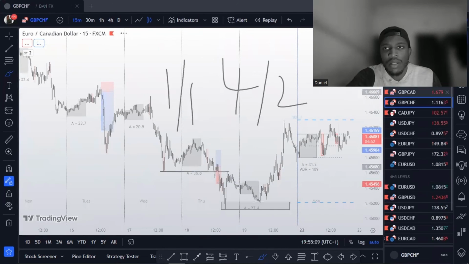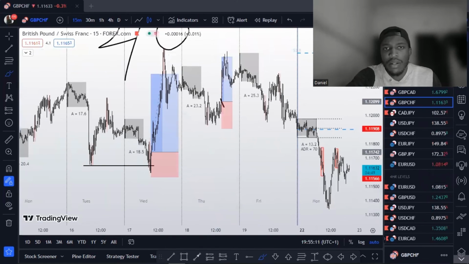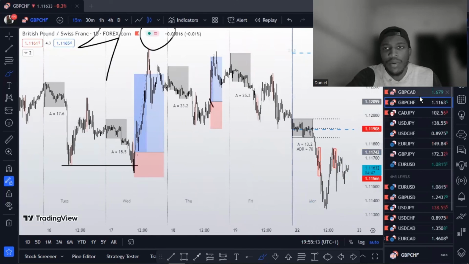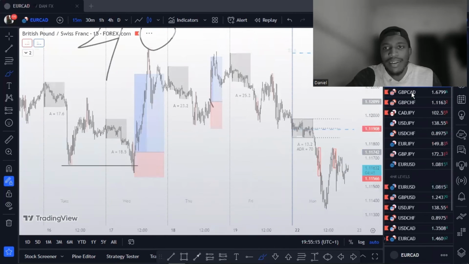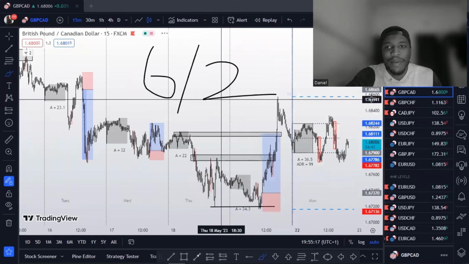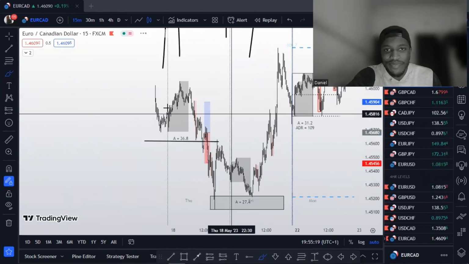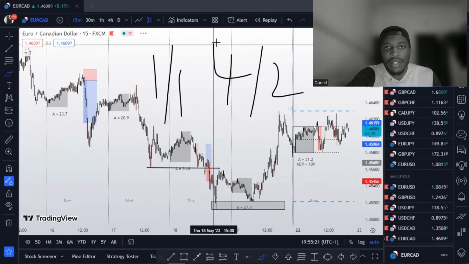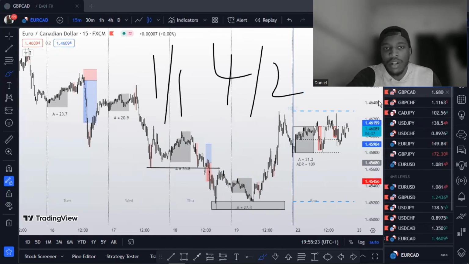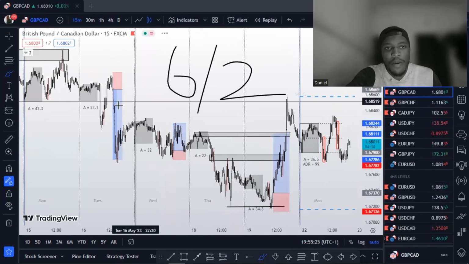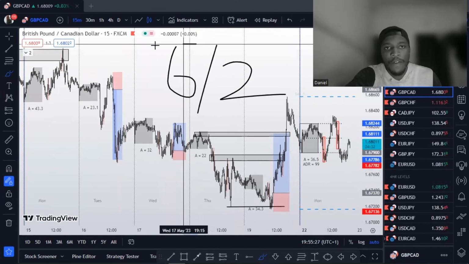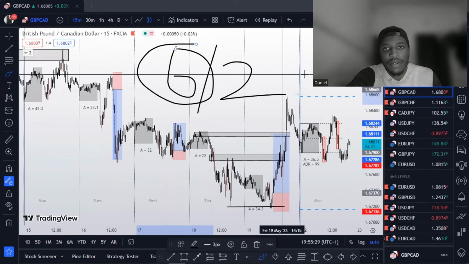Oh no, my math was wrong there. Sorry about that. So this is 4 wins, right? 4 wins and 2 losses. So on GBP CAD, we now have 1, 2, 3. 4 plus 3, that is 7.